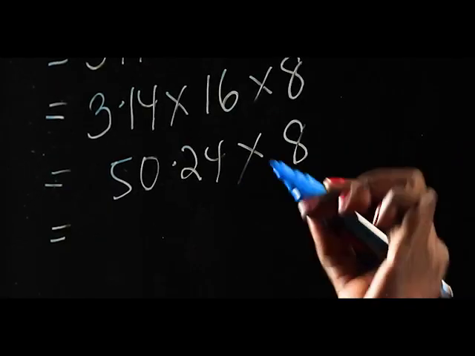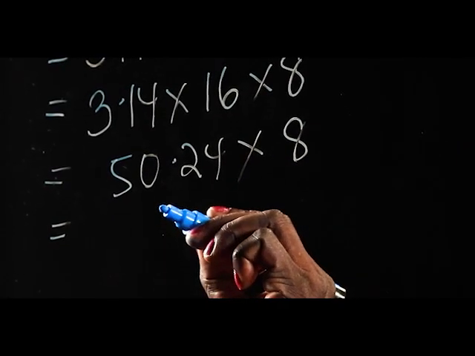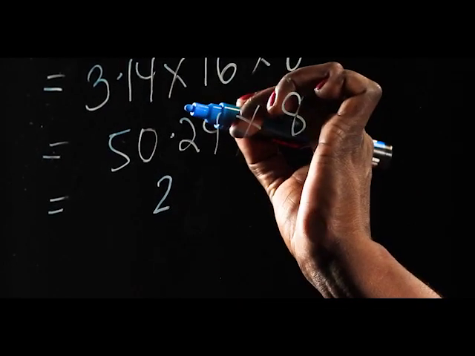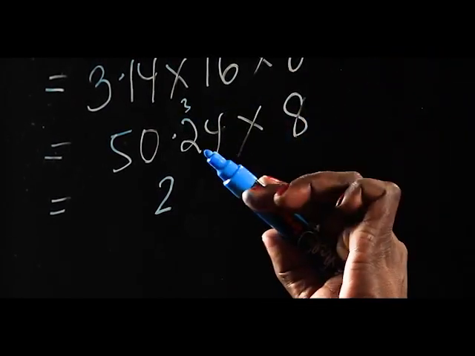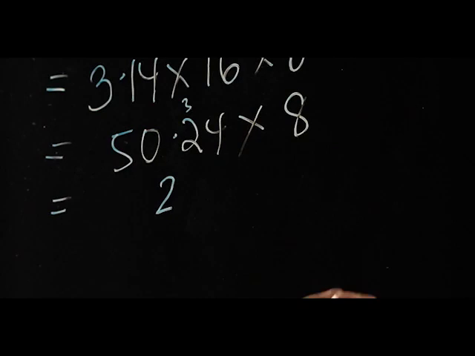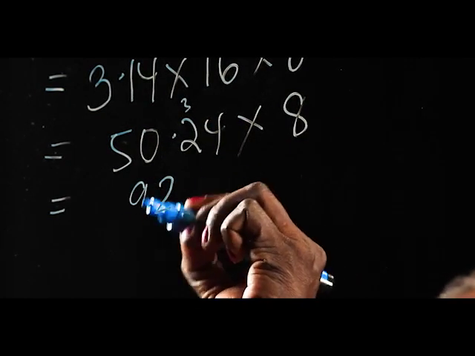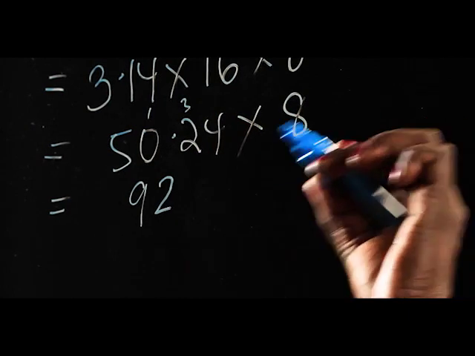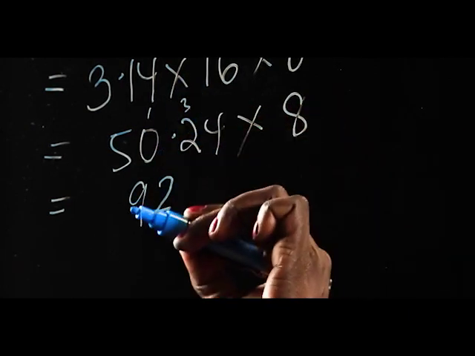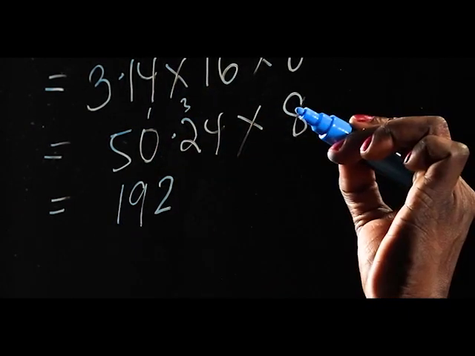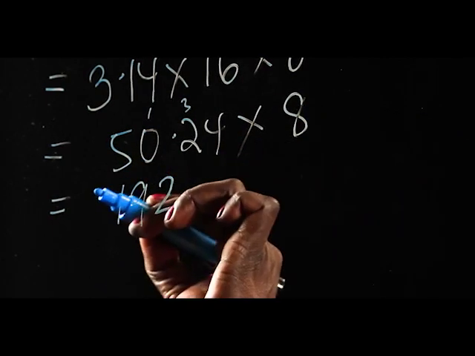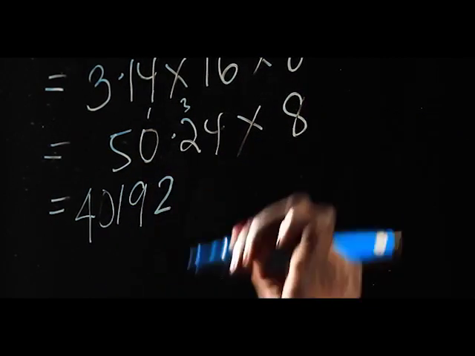Okay, so 8 times 4, we have 32, put down 2, carry 3. 8 times 2, 16, plus 3, 19, carry 1. 8 times 0 is 0 plus 1 is 1. 8 times 5 is 40.